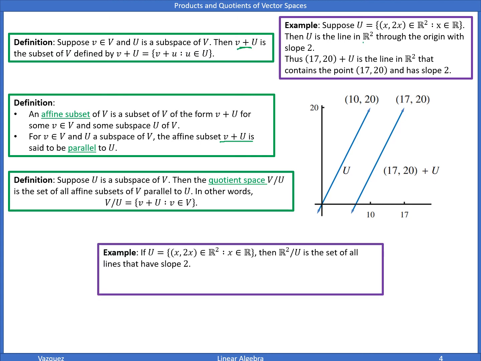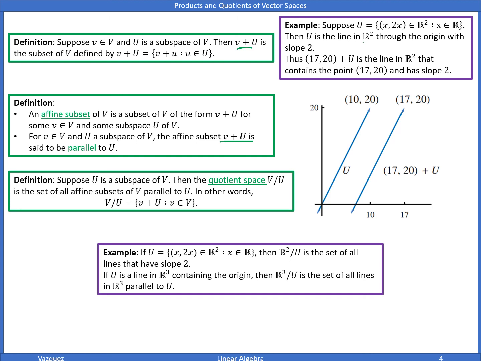So again, the set of all lines that have slope 2 make up the quotient space. If U is a line of R3, the Euclidean space R3 containing the origin, then R3 over U, that quotient space, is the set of all lines in R3 parallel to U. And in R3, parallel lines follow the same rules.